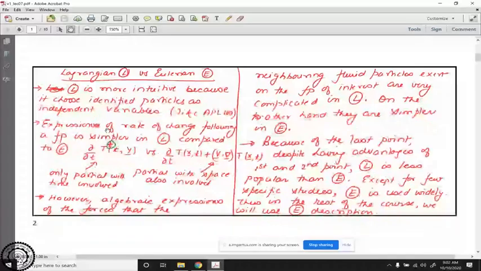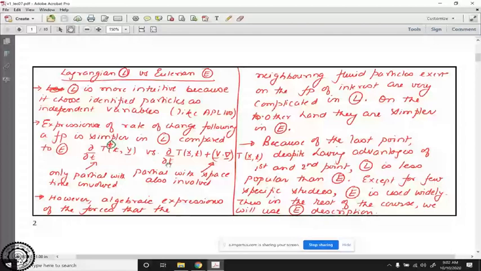It's in line with the kind of training you have received so far in dealing with multi-member systems. Also, the expression of rate of change following a fluid particle is simpler in L compared to E. So this also seems to be an advantage of L. Recall, if you have to find the rate of change of anything, temperature, pressure, anything following a fluid particle which was at y at t equals 0, then it is just partial with time.